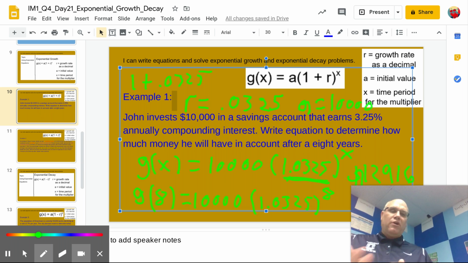If you're not on a graphing calculator, just a manual calculator, you have to go 1.0325, the caret key, to the 8th power, get that number, and then multiply by 10,000. And when you do that, you get $12,916. So after 8 years of savings, your original $10,000 is now worth $12,916.